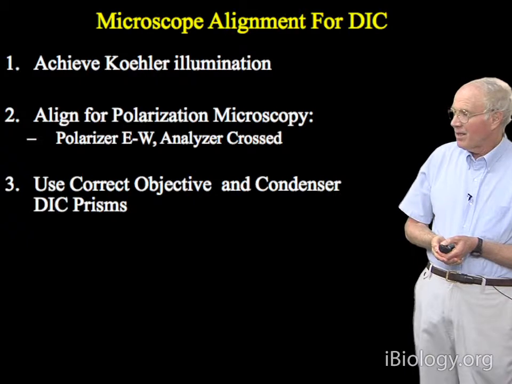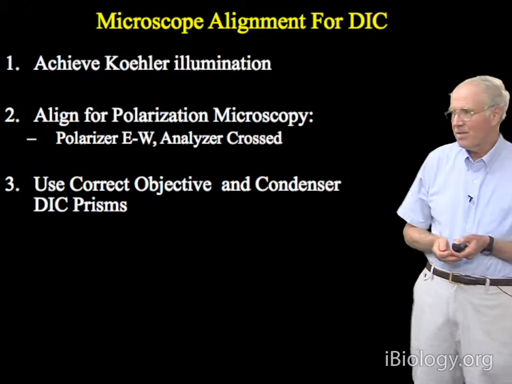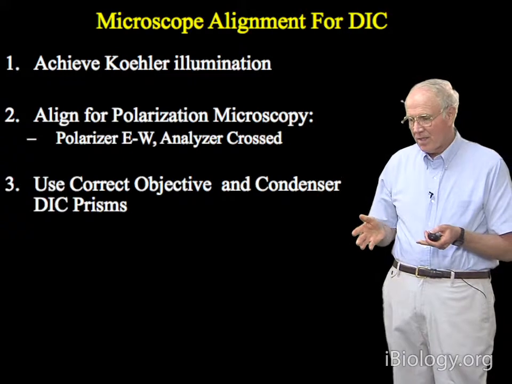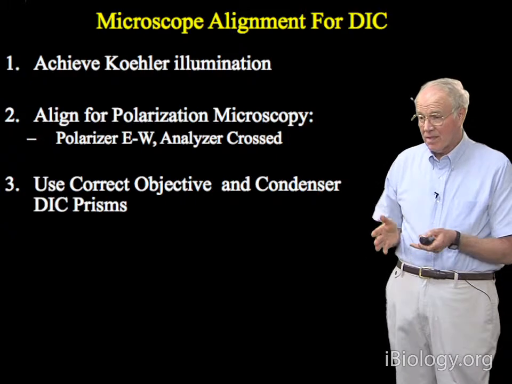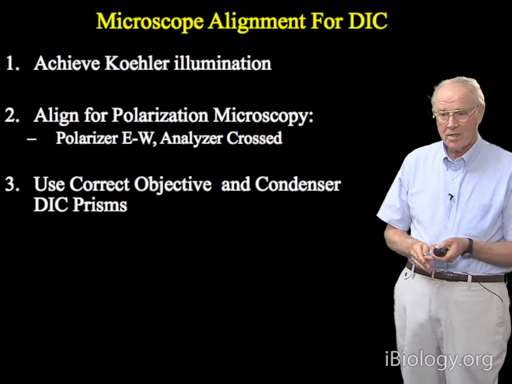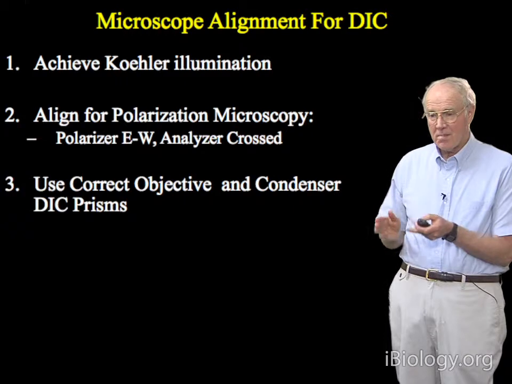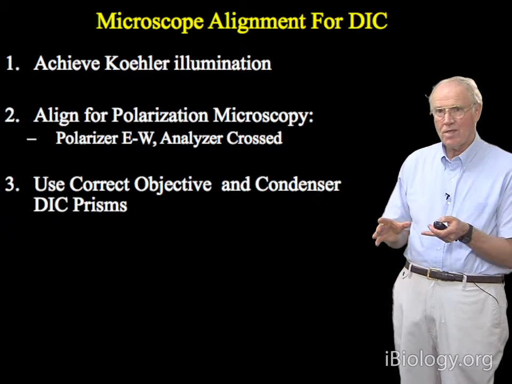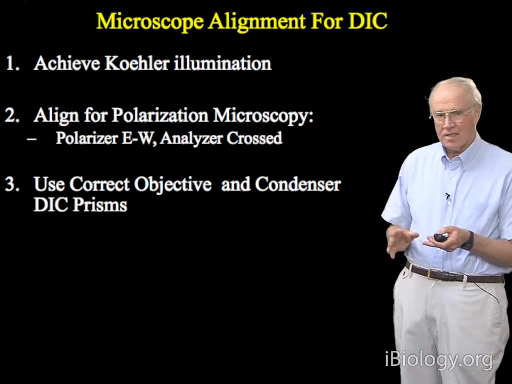The other thing that's really important, just like you would have to do for phase contrast, is you have to use the correct objective and condenser DIC prism. There are different schemes that different manufacturers have, but nonetheless they will tell you which prisms should be used for a specific kind of objective and which DIC prism needs to be used to match the prism in the objective. Much like phase contrast, there's a turret beneath the condenser lens that contains the DIC prisms.